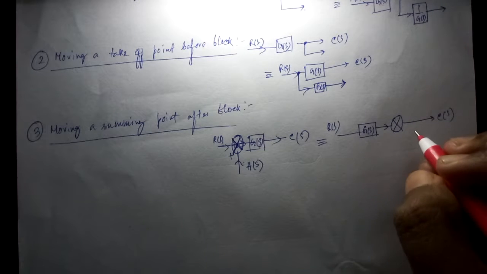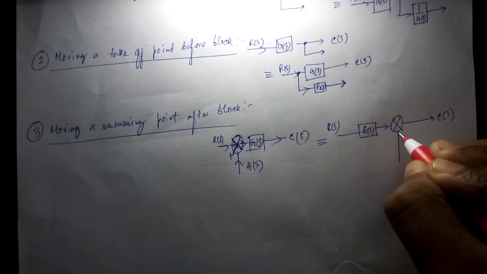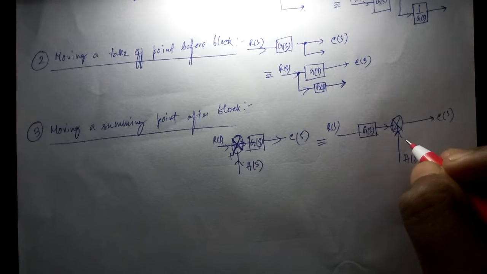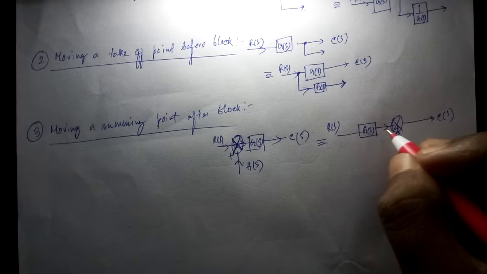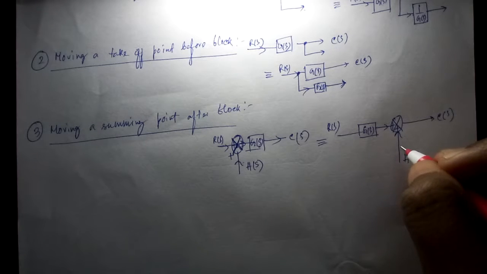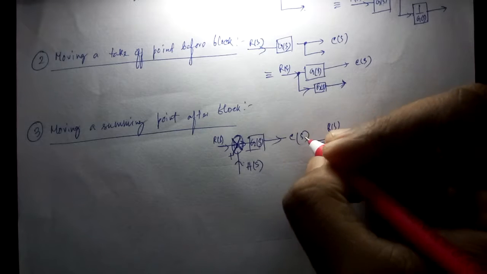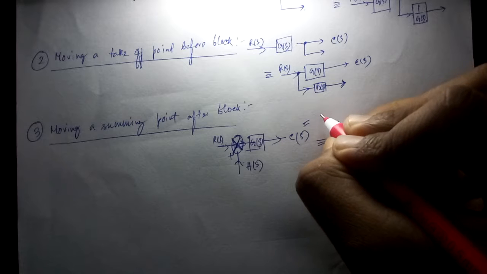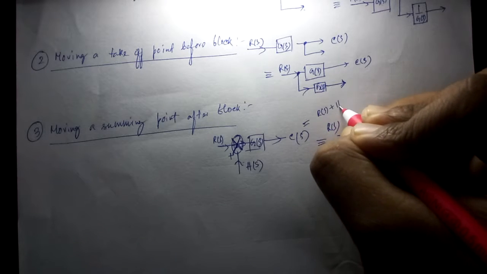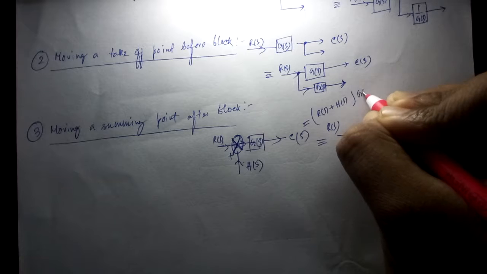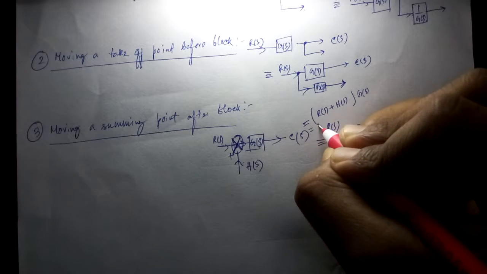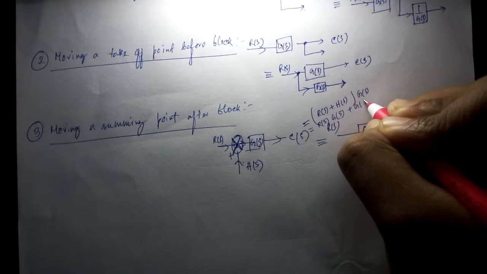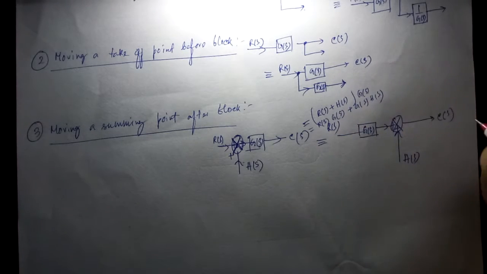But if we take HS here and it is now being added with GS, not being multiplied, then CS would be RS plus HS into GS, which is equal to RS GS plus GS HS.